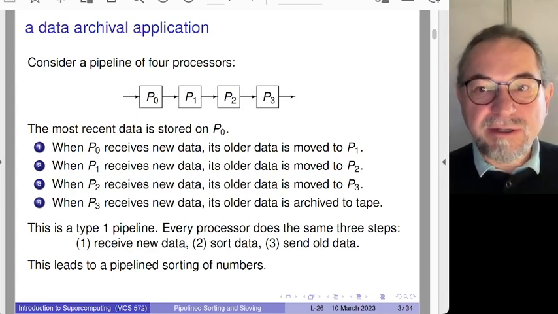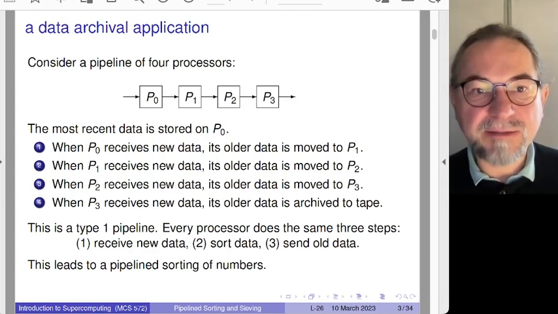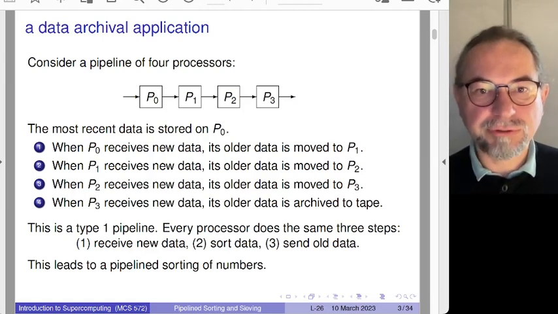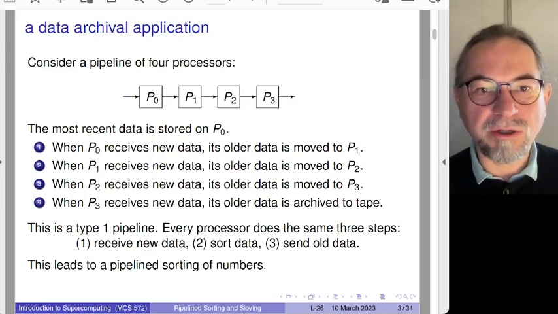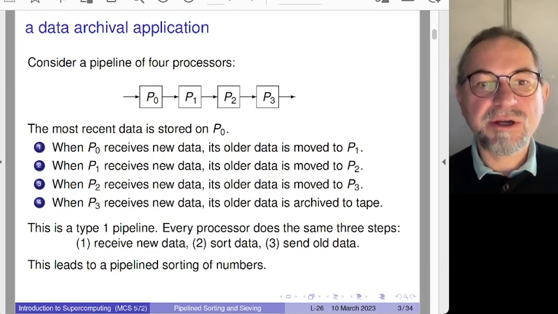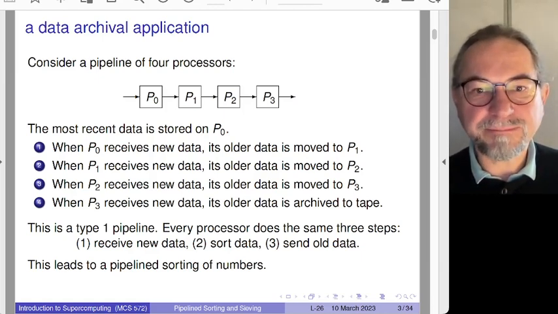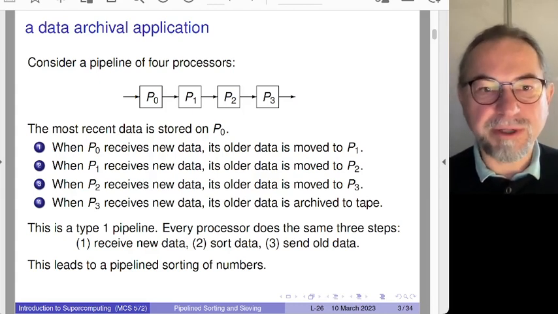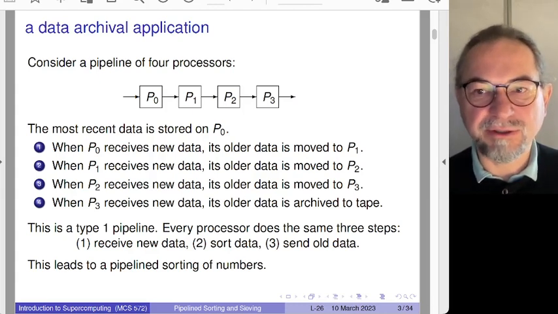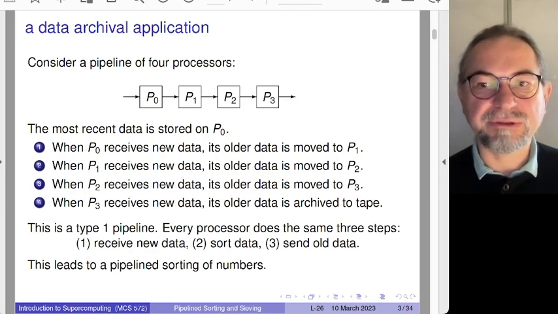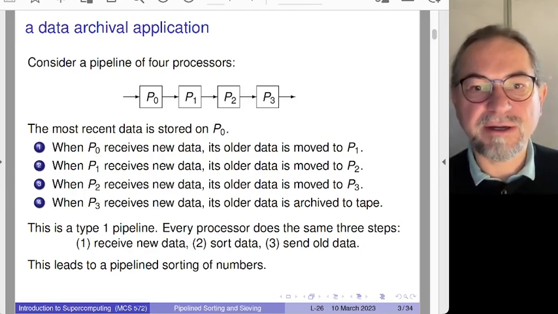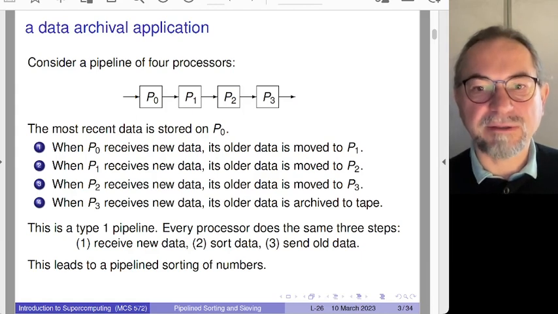So here is then a data archival application. We have the computers, so the processors, arranged in a pipeline, one after the other. The first processor receives new data. It moves older data down the pipeline, and the other processors receive also new data and move older data down.